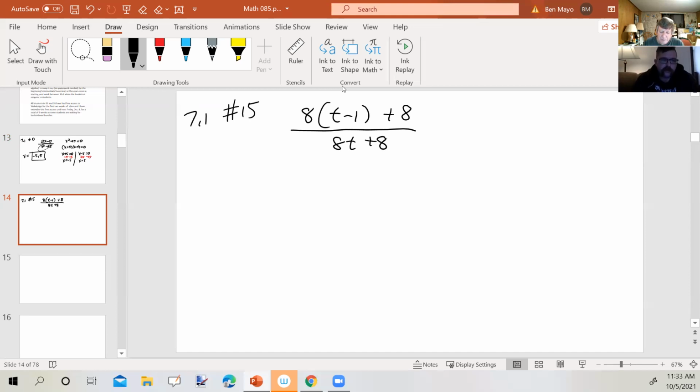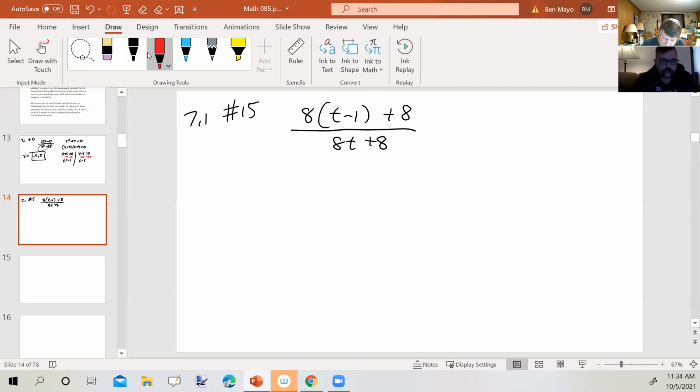All right. We can't cross out these 8s or those 8s because they are not factors of the entire numerator or the entire denominator.